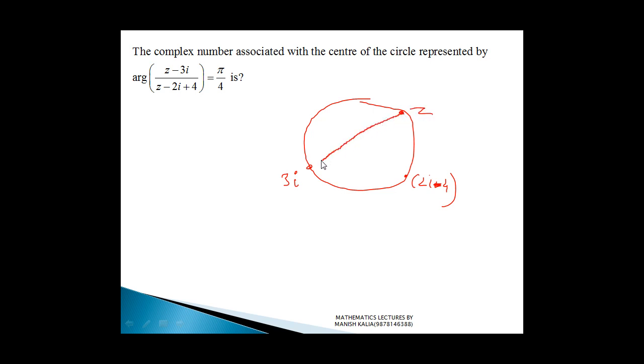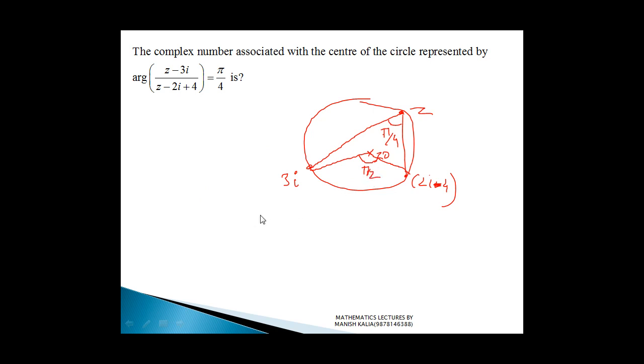So what is given is the argument of z minus 3 iota upon z minus 2 iota plus 4 is equal to pi by 4, which can be geometrically represented like this. Let us take the center of the circle as z0. Again, the angle subtended by these two points at the center will be double the angle subtended by these two points on the other side of the segment.